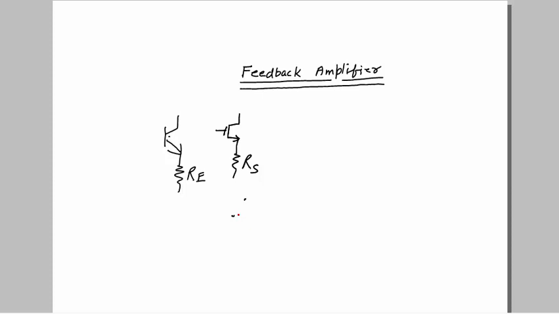So negative feedback has n number of benefits, but it has only one drawback, that is the gain will be reduced. This reduced gain can be seen as a cost we are paying to get all the benefits. So the first topic we will study is the general feedback structure.